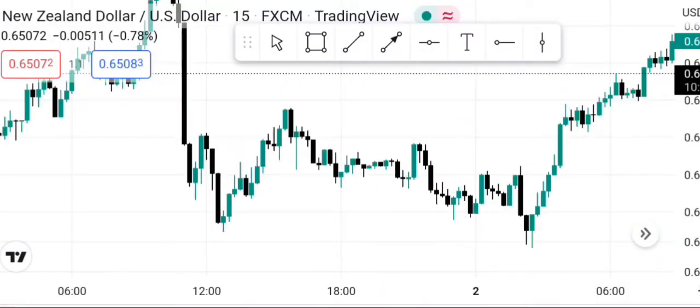This is NZD USD, New Zealand dollar versus the US dollar, and this is a 15-minute chart. Now I'm going to be showing you guys proper swing lows and swing highs, and I'm also going to show you how they are going to be used as your advantage in trading.